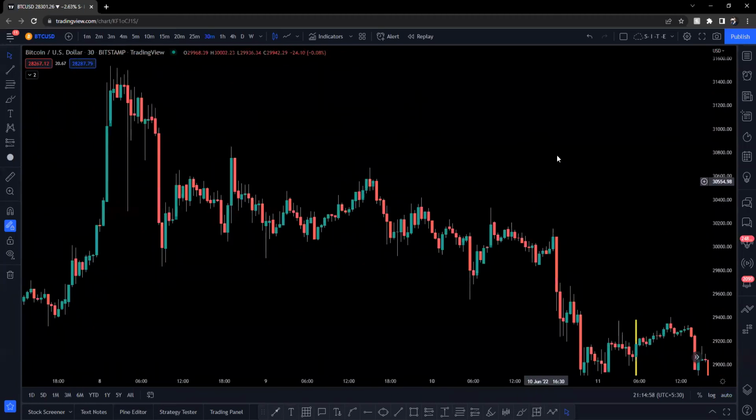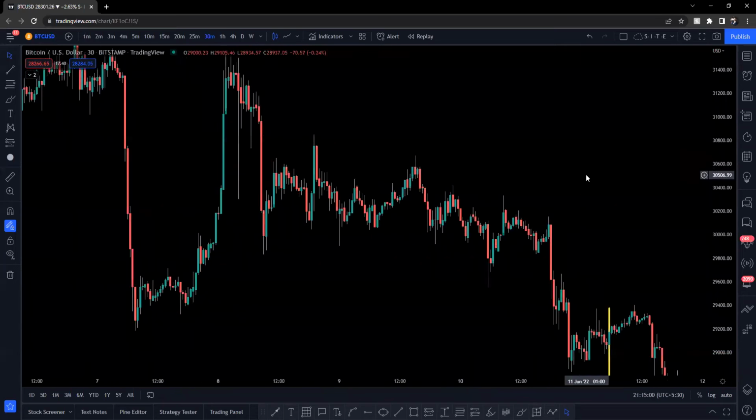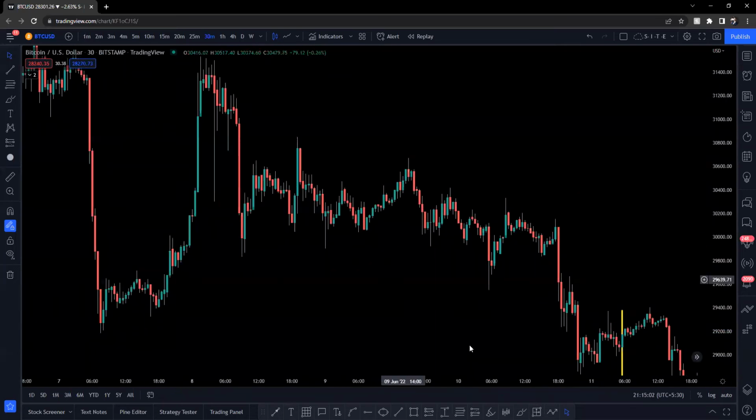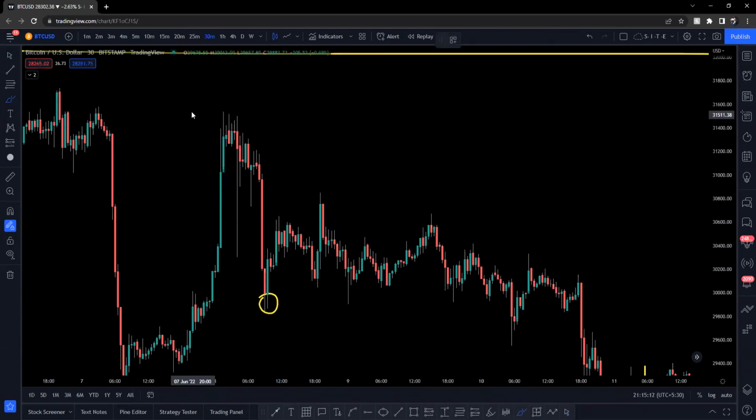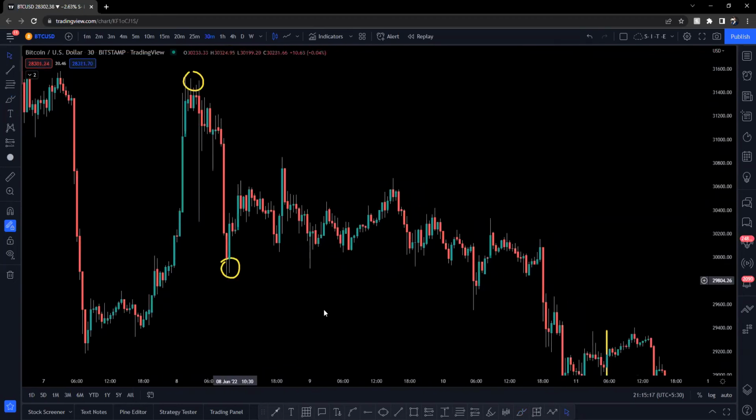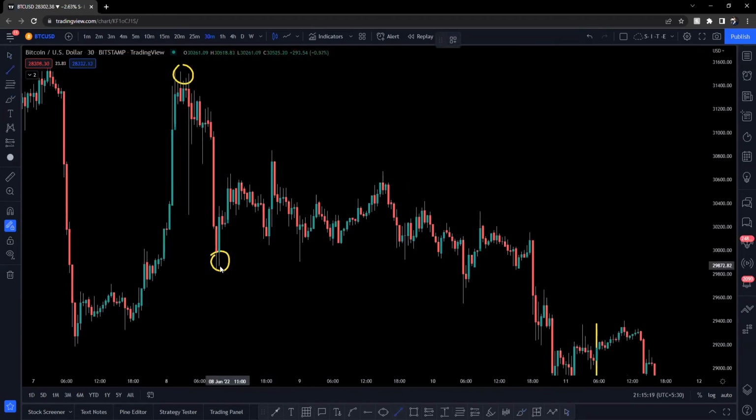For example, I'm just looking here at this portion. Okay, so for example, this is a high, and this is your higher high, and this is a higher low. And then what happened?